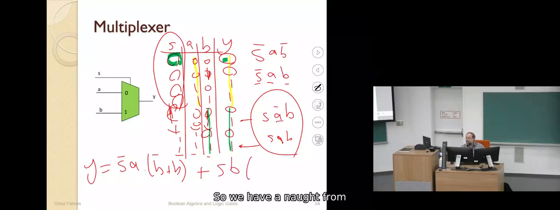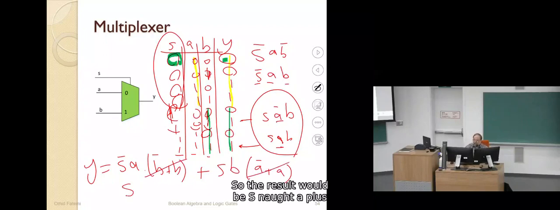We have A naught from here plus A from here. Is that right? Okay. Any comments? So B plus B naught is 1. A plus A naught is 1. So the result would be S naught A plus S B.